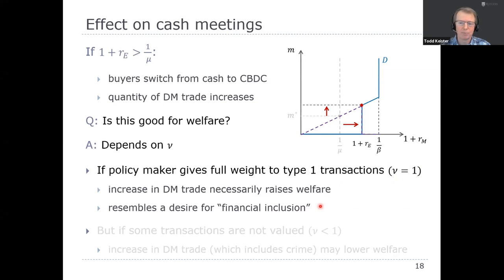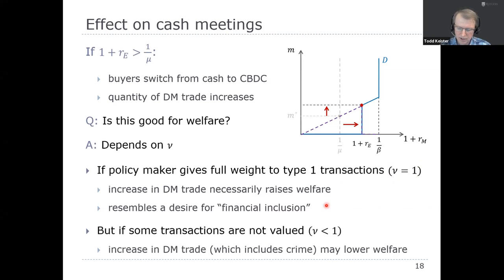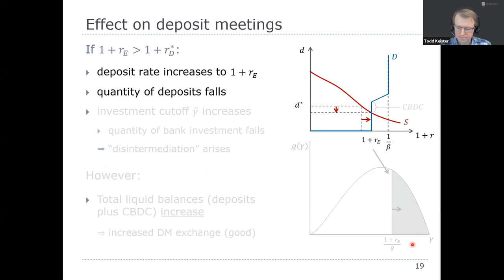They want to provide a better medium of exchange to people who are currently outside the banking system using cash. Okay, but a policymaker more concerned about not promoting criminal activity, all I want to say is this increase in real balances and the increase in trade may actually lower welfare.